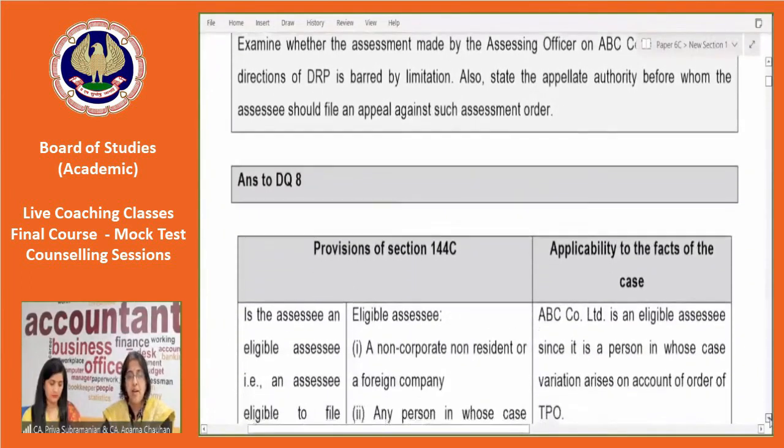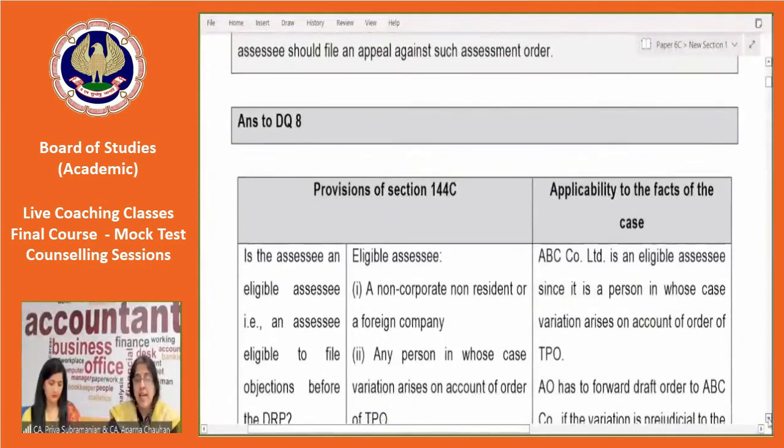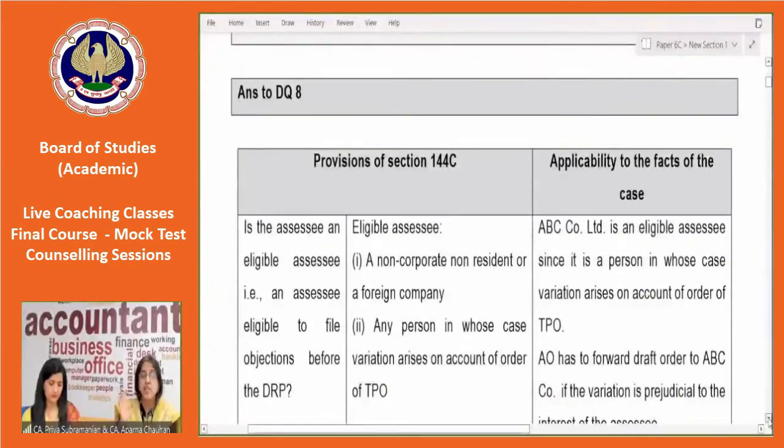First, we have to check whether the assessee is an eligible assessee, that is, eligible to file objections before the DRP. Now, who is an eligible assessee? An eligible assessee can be either a non-corporate non-resident, or a foreign company, or any person in whose case variation arises on account of the order of the TPO.